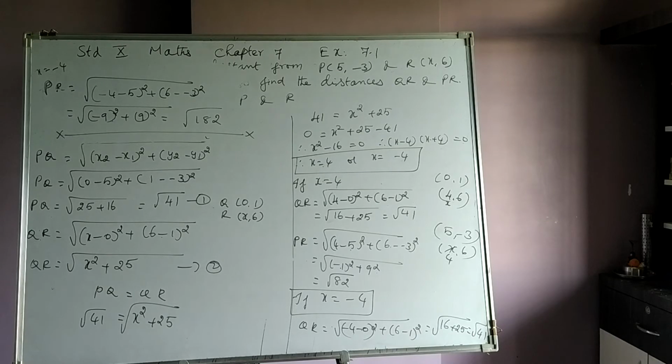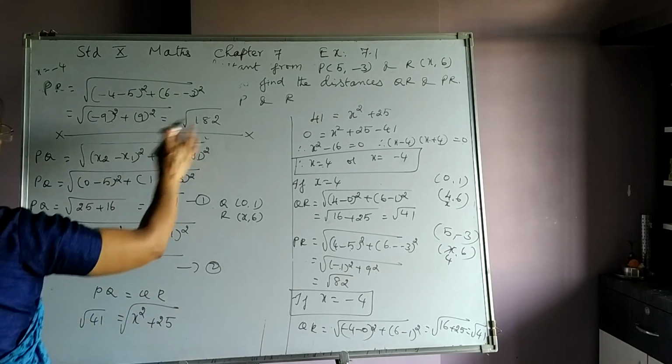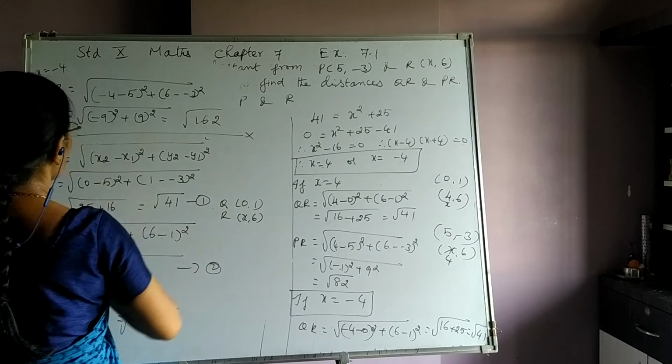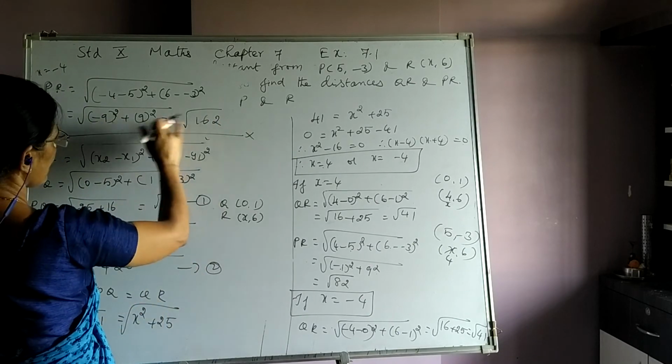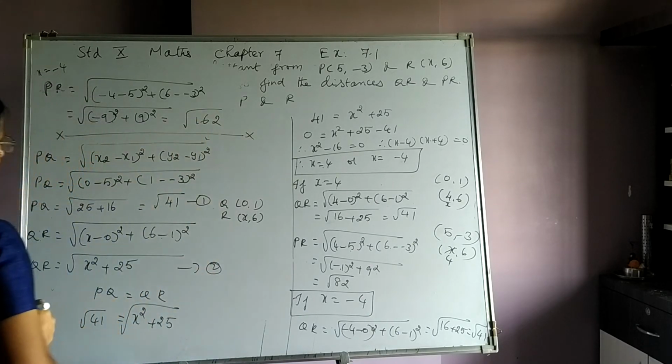So the value of QR is root of 41 in both the cases, and PR is root of 82 or it is root of 162. Root of 162, 81 plus 81.